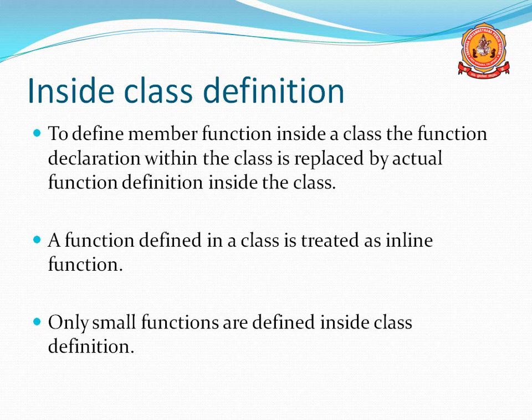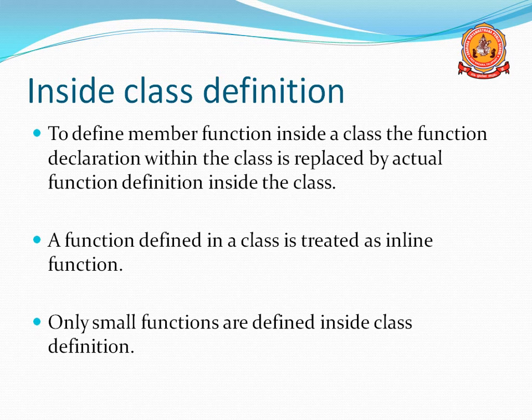Normally we invoke the function inside the main function. But before defining a function, we should declare it. Normally the function should be declared inside the class definition. Instead of the function declaration, we replace it with the function definition inside the class.